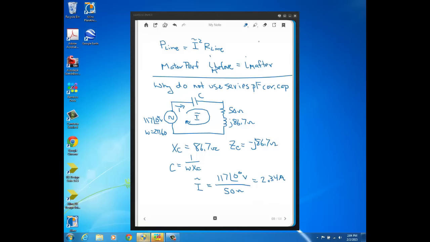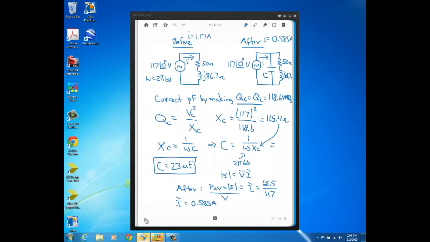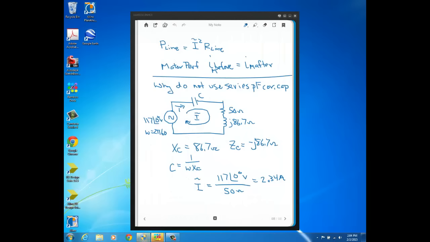So your source current or line current is actually more than what we had when we started. See, before we corrected the power factor, it was 1.17. If we correct the power factor putting the capacitor in series, our current increases. And if our current increases, guess what? The line loss is going to increase. In fact, this current here doubled, right?